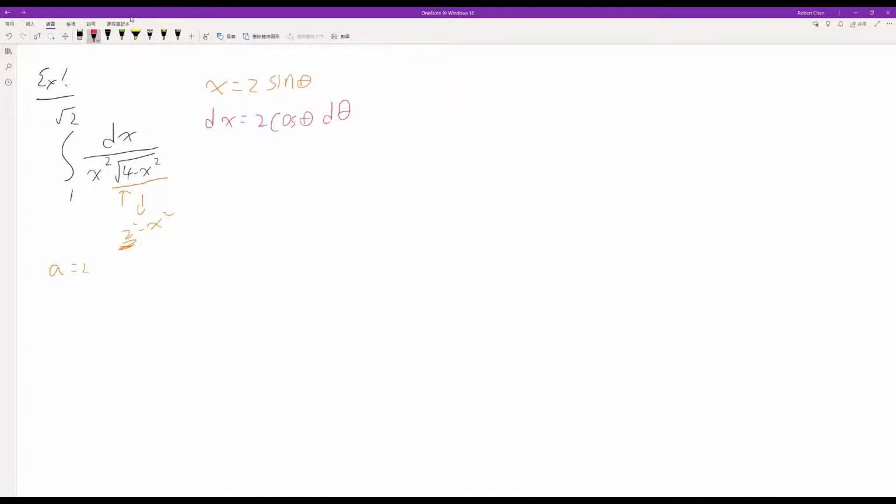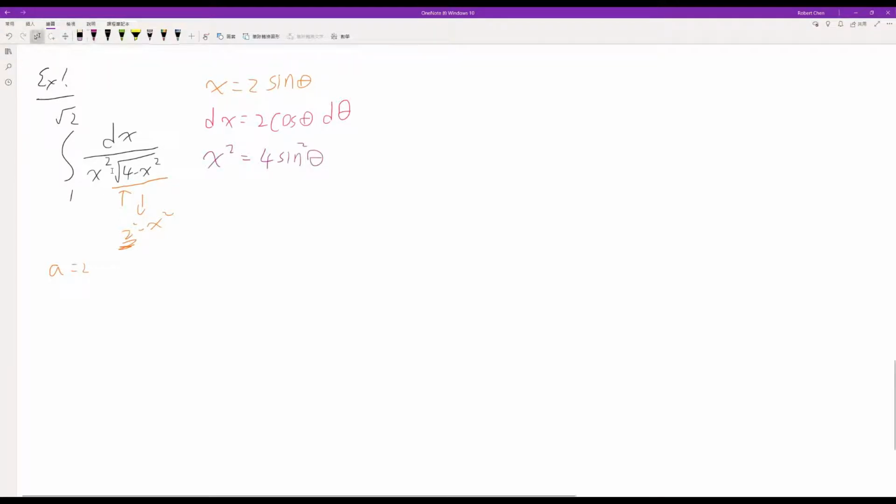Okay, and that takes care of this part, right? We know what the square root of 4 minus x squared is going to be, and we also need to take care of the x squared. In this case, x squared is going to be very simple. You just take whatever x is and square it, so x squared is going to be 4 sine squared theta.